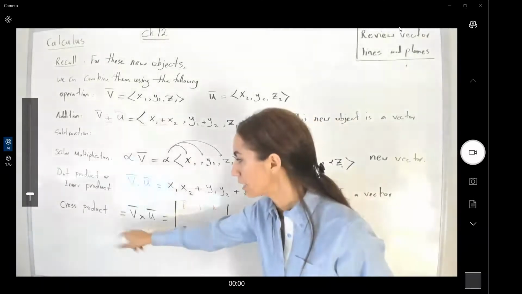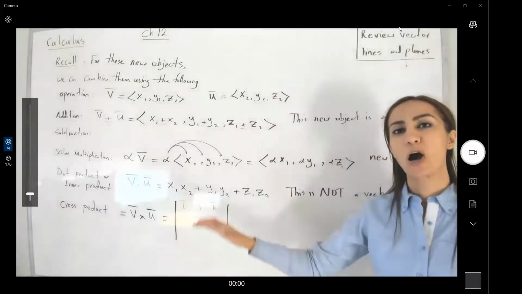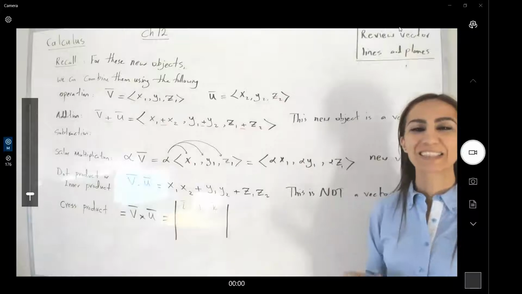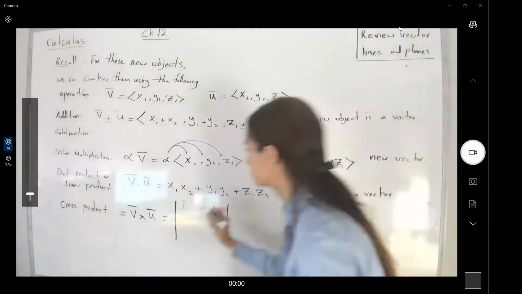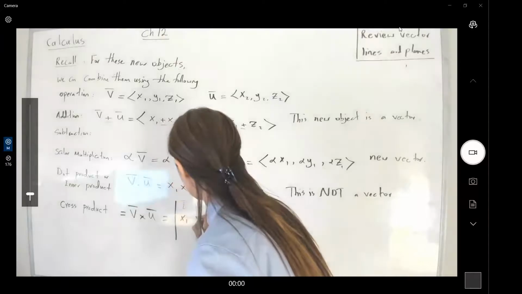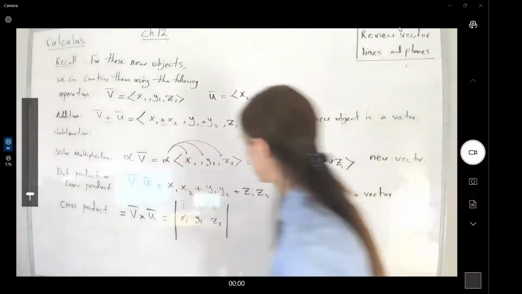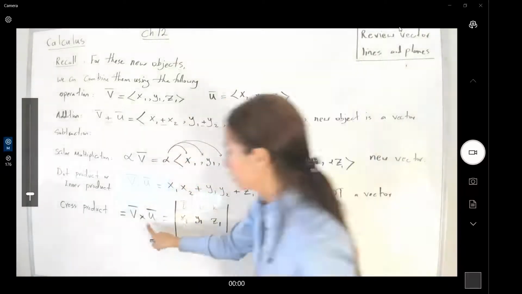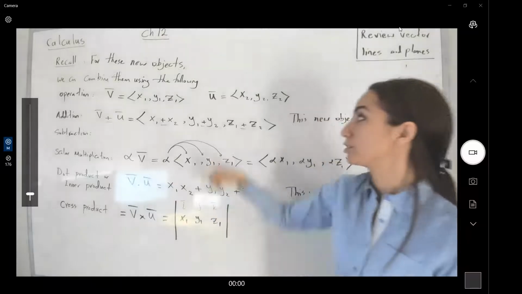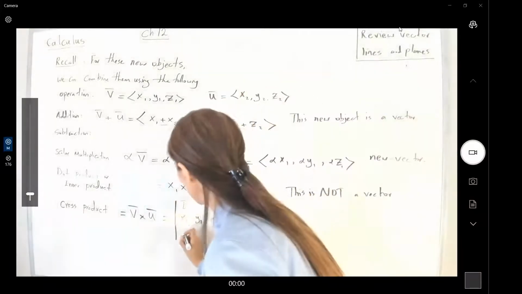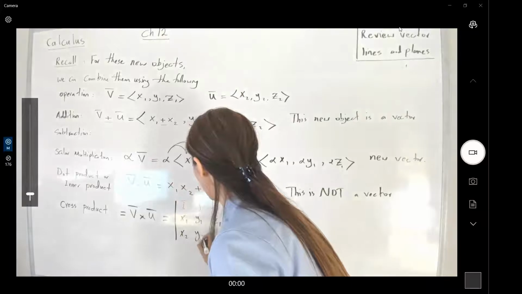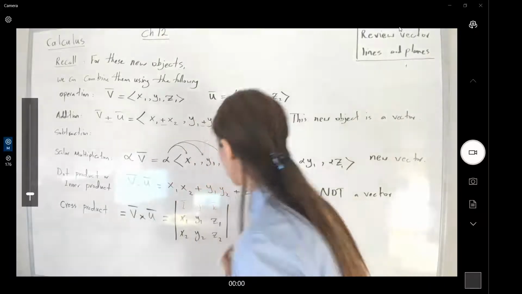The very first vector is v, so you're going to copy down the components of vector v, x1, y1, z1. The very last vector is vector u, so you're going to copy down the components of u, which is x2, y2, z2.